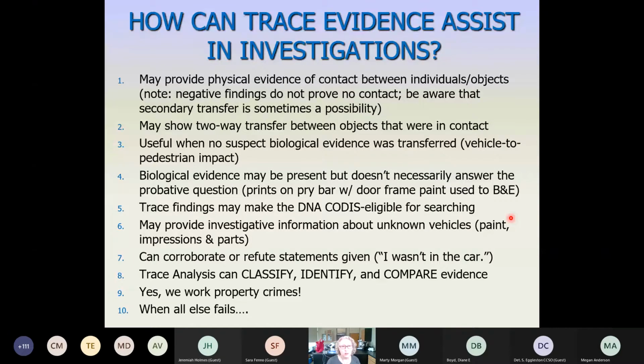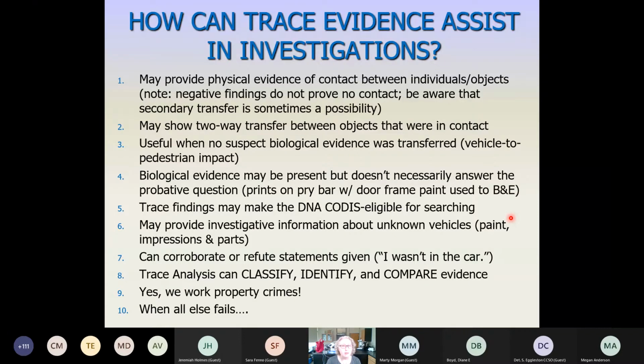Or number four, there could be biological evidence present, but it doesn't necessarily answer the probative questions. So a good example of this would be there is a breaking and entry crime and a suspect is stopped in his car, and from that car trunk, a pry bar is recovered, and that pry bar appears to have paint similar to the door frame paint that was at the crime scene.